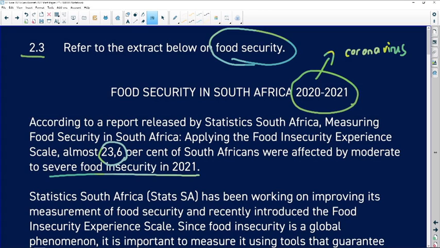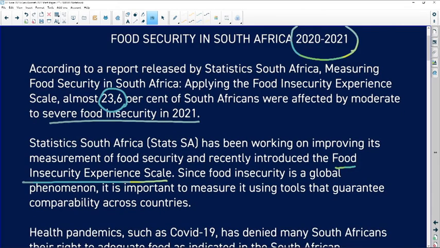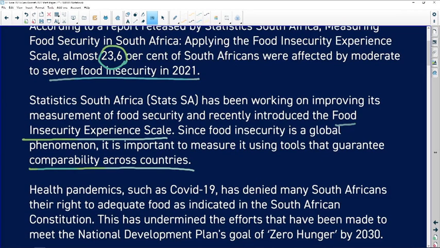Now, Statistics SA has been working on improving its measurement of food security and introduced the Food Insecurity Experience Scale. So globally, we see it taking place. And we compare it across different countries. Like I've mentioned as well, health pandemics such as COVID-19 have denied many South Africans their right to adequate food.